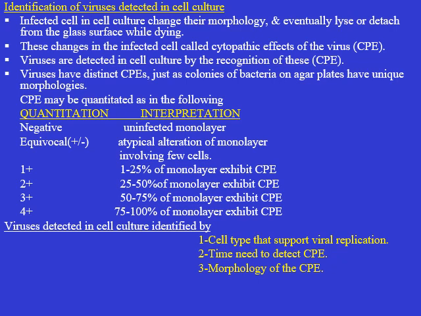And 3rd, the morphology, the kind of the cytopathic effect that appears in the cells of the monolayer. By combining these 3 points, type of the cell culture that supports the replication of the virus, time needed for the appearance of the cytopathic effect, plus the morphology, the kind of this cytopathic effect, we can identify the virus grown in this cell culture.